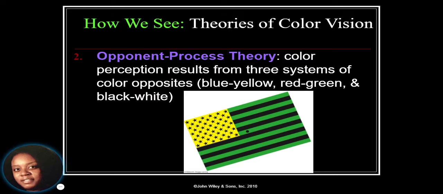Then look at a blank wall around you. And what do you see? You should see the American flag with the right colors on the white wall. That is because of the opponent process theory.